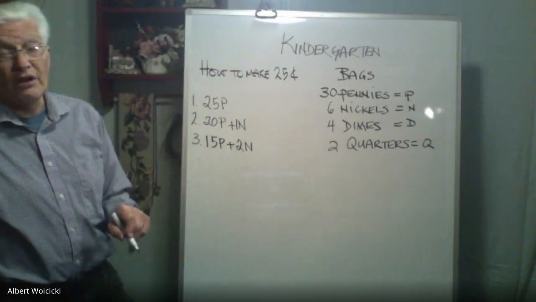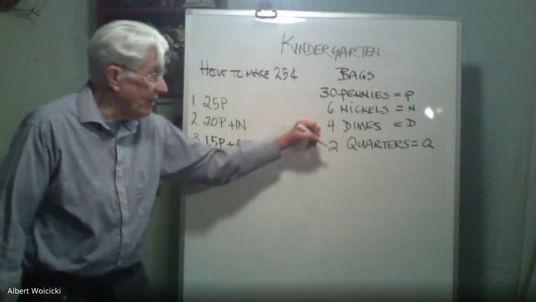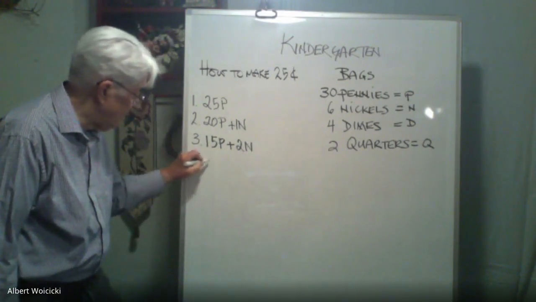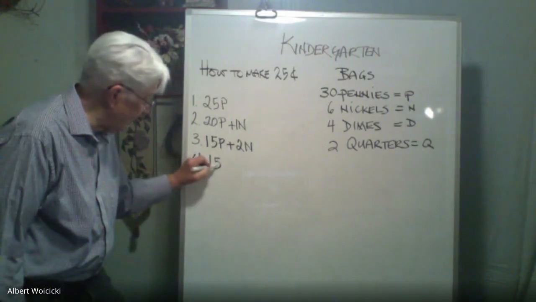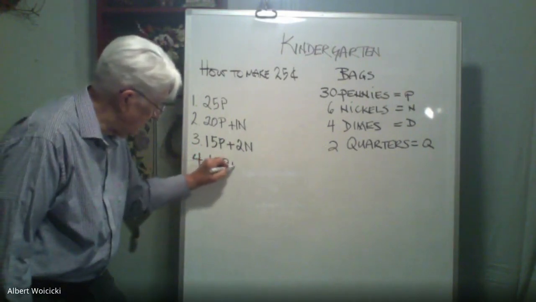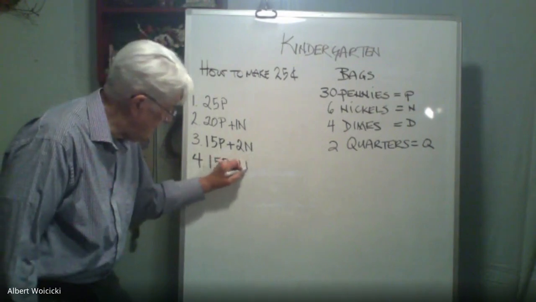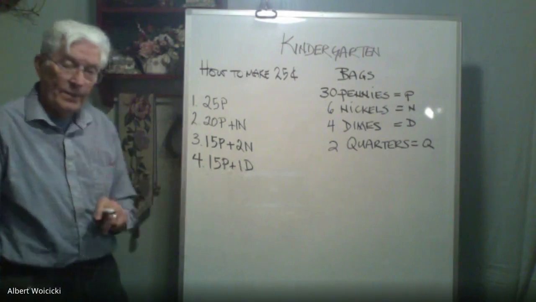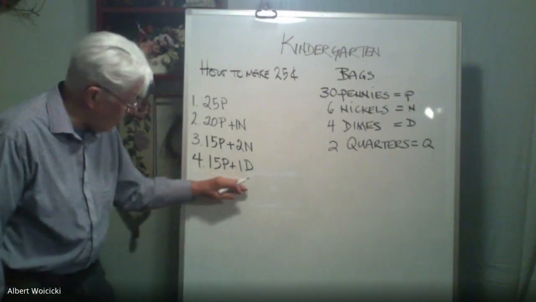But that also brings into contention the next character called a dime. Because we could have 15 pennies and 1 dime. 1 dime.